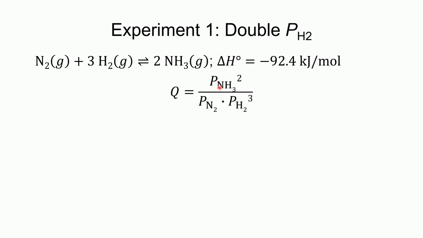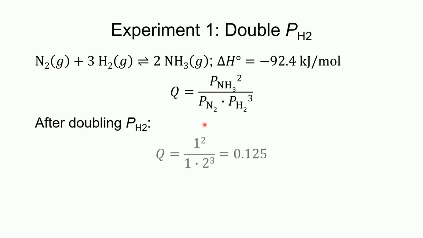So here is our expression. When we put the values in and we've doubled the partial pressure of hydrogen, we will now get 1 squared over 1 times 2 cubed. 2 cubed, of course, comes out to 8, so 1 over 8 is 0.125.